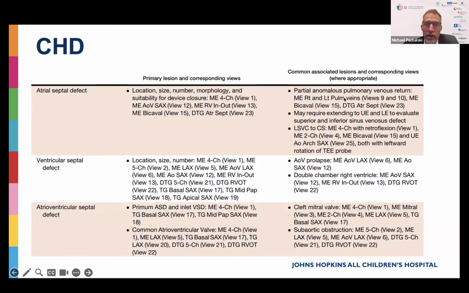And then what I really liked is over here on the right-hand side, common lesions that are associated with your primary condition. So in this case, an atrial septal defect, it's advising you to be on the lookout for partial anomalous pulmonary venous return, and then which views may be helpful to assess for that anomalous pulmonary venous drainage. So for ventricular septal defect, again, views that would be helpful.